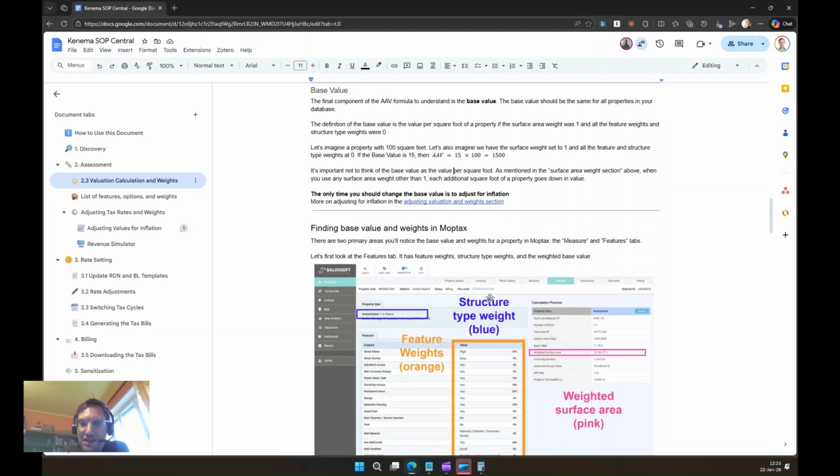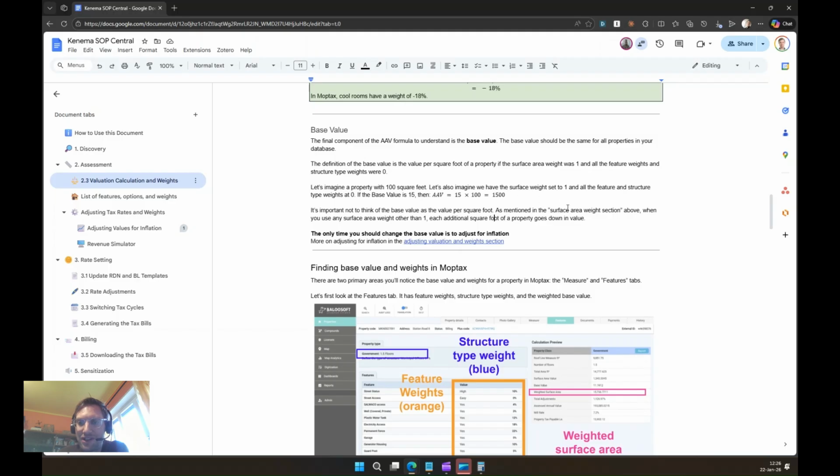All right. Now, it's important not to think of the base value as the actual value per square foot, and that's because of the surface area weight. When we use any surface area weight other than 1, each additional square foot's value goes down because, like we said before, the surface area weight makes each extra square foot you add to a property slightly less than the square foot you had before it.